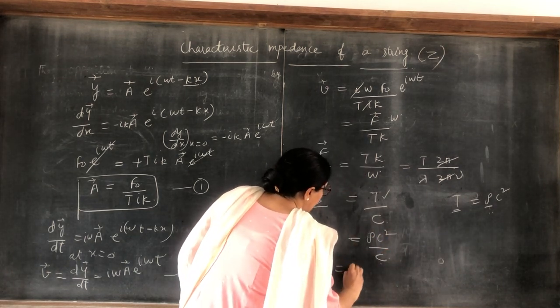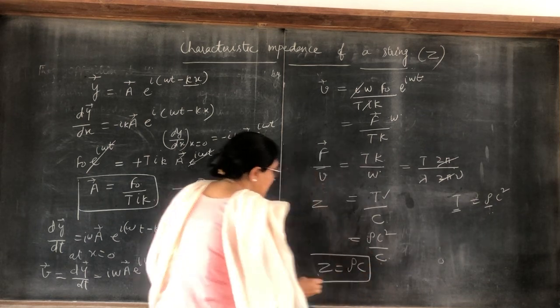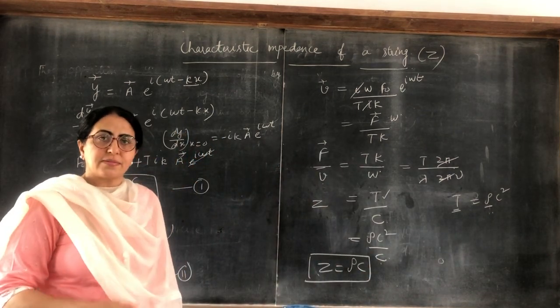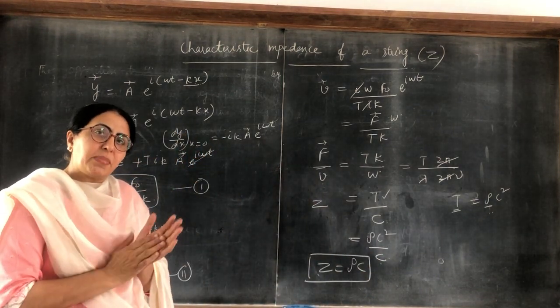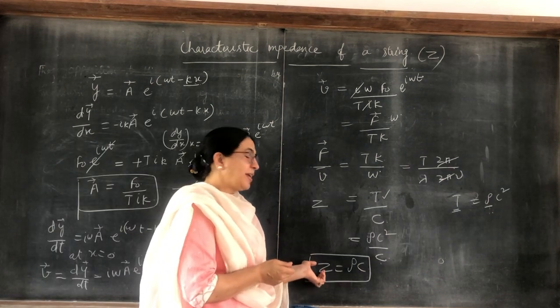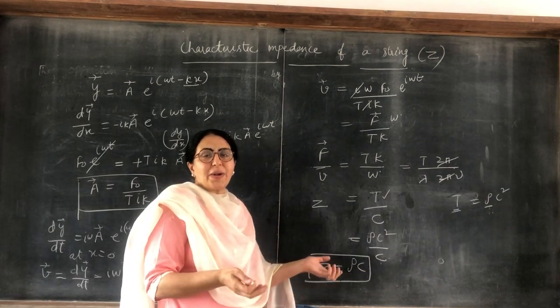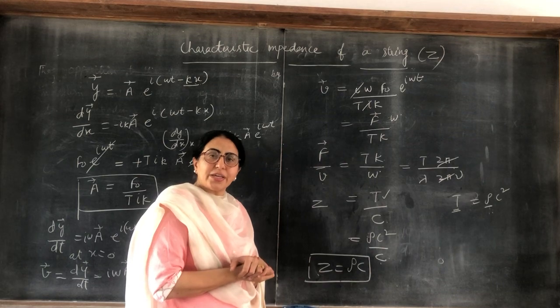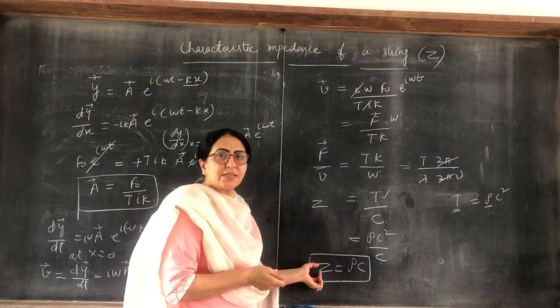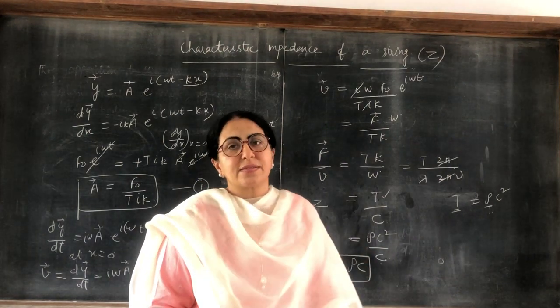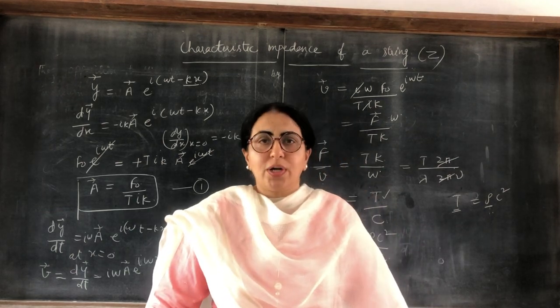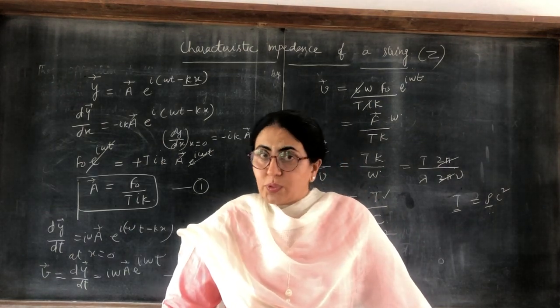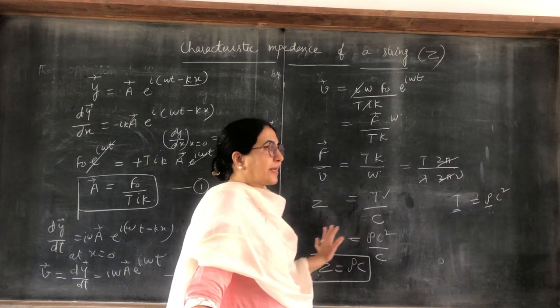So Z is equal to rho c. So this is the characteristic impedance. It depends upon rho, that is, it depends upon inertia and elasticity both. Z is a characteristic impedance. It is a real quantity. Clear?